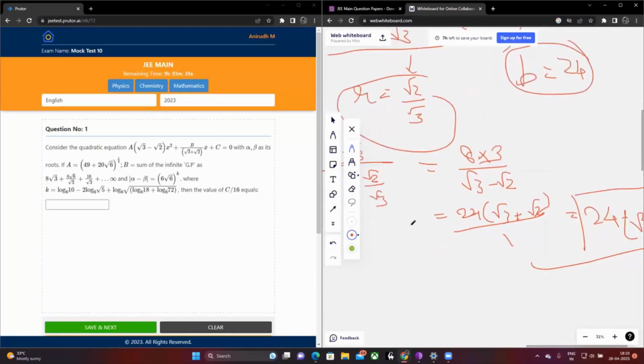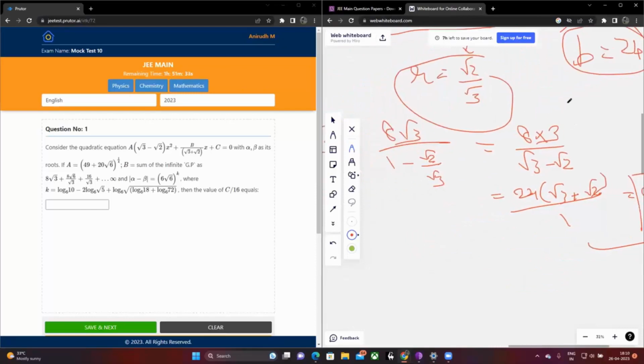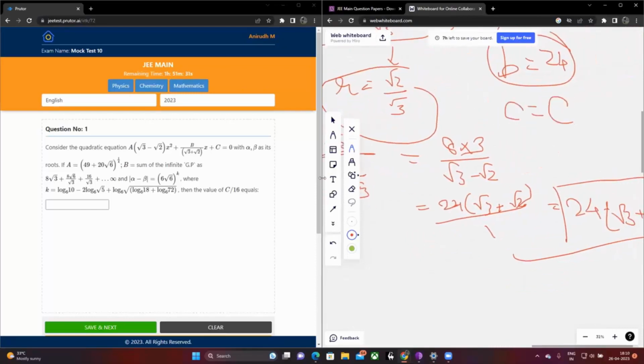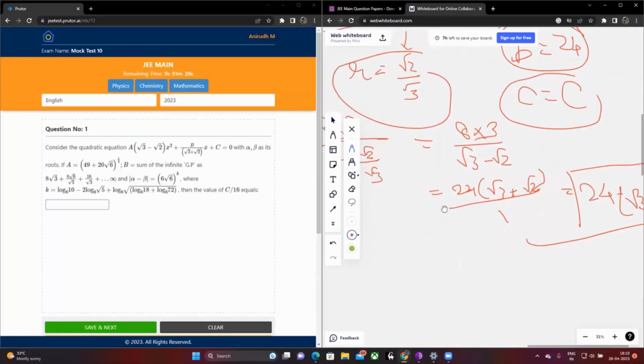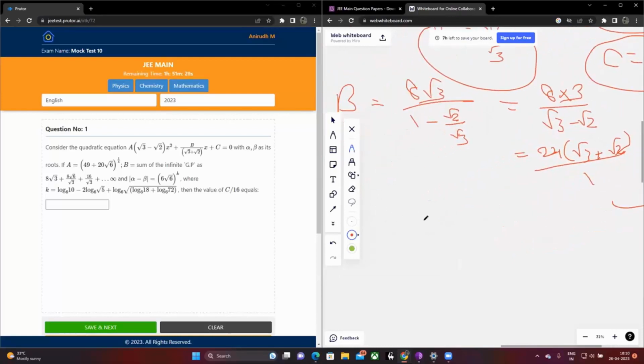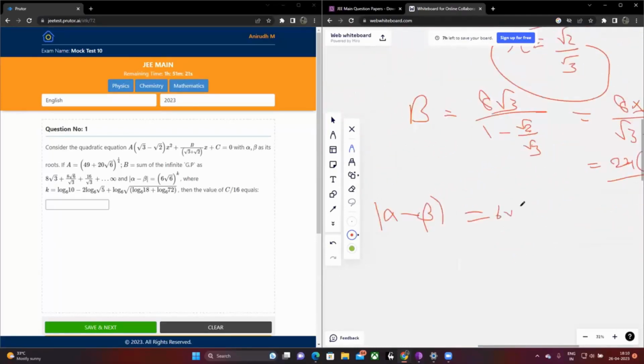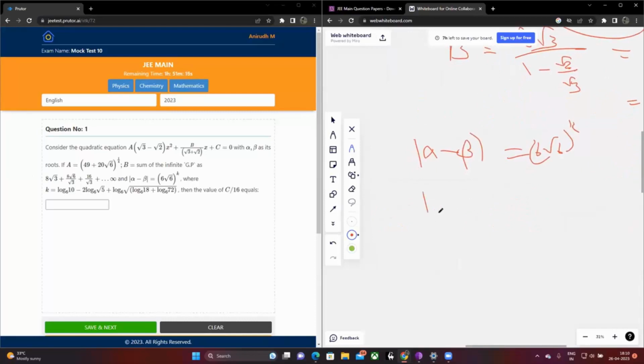And c, your small c, the third coefficient is basically capital C. So we have nothing to do there, right? And we are given that mod alpha minus beta is basically 6 root 6 per K, right? Where K is this big log equation. I presume that you're all familiar with the log equations.